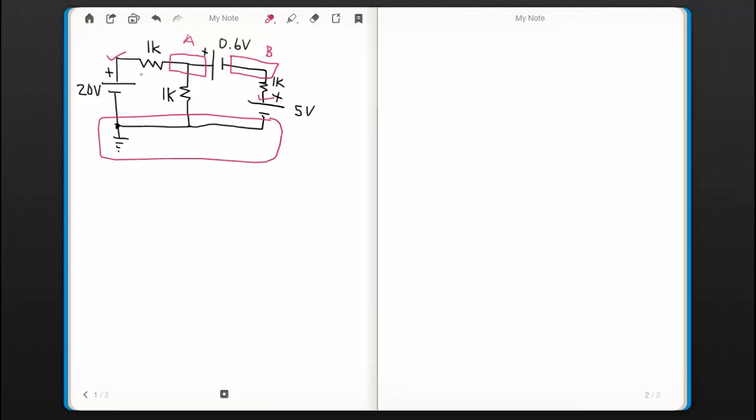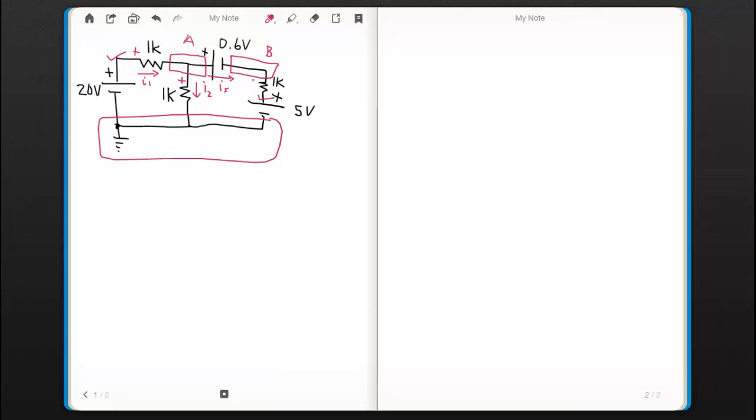So to set up our node voltage equations, I'm going to define a current like this, which I'll call I1, and this current I'll call I2. The current through the 0.6 volt source, I'm going to label IS.